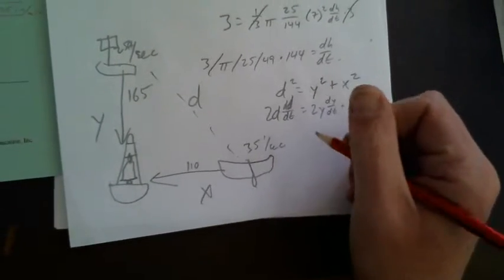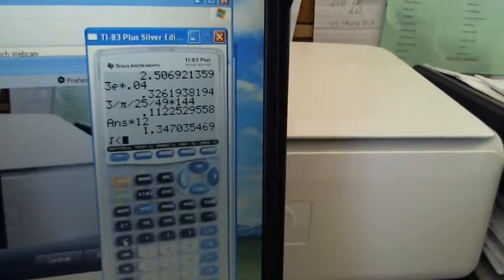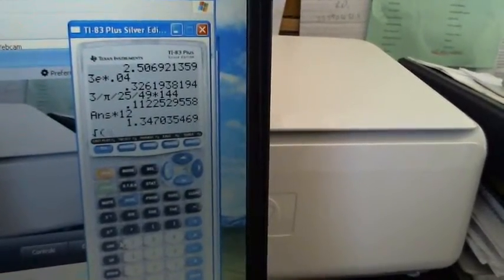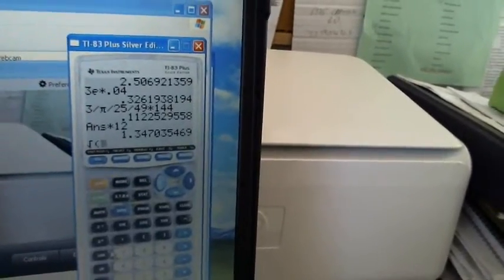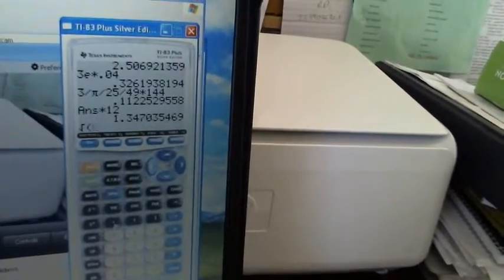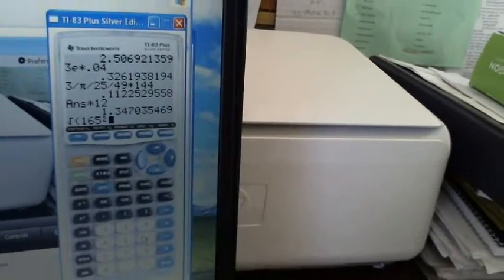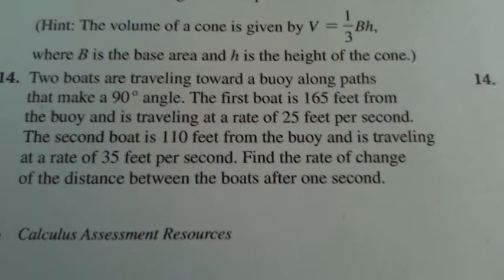And where our initial distance, what d actually equals would be the square root of... no, wait a minute. We want the rate of change of the distance between the boats after 1 second.